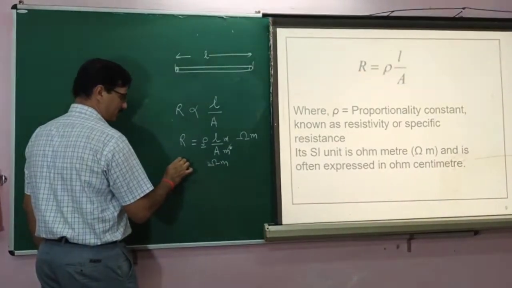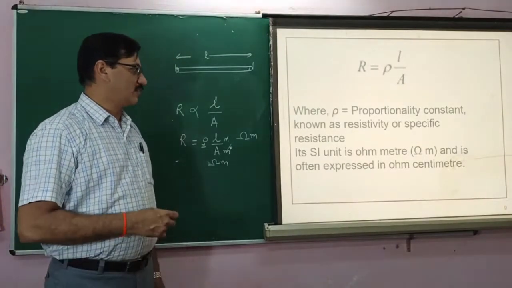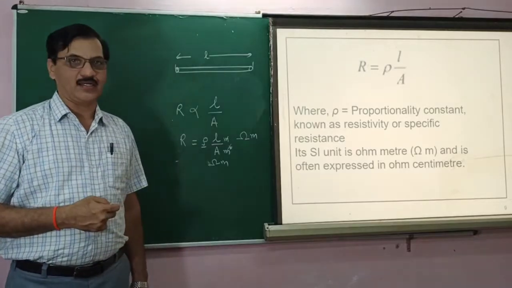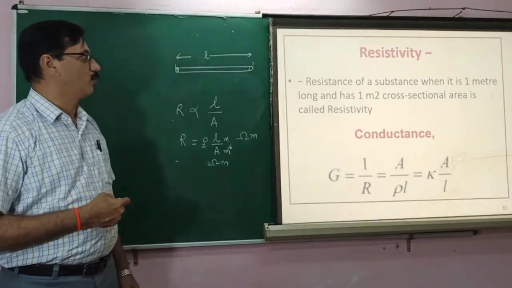So the SI unit is ohm meter for resistivity. For resistance it is ohm.